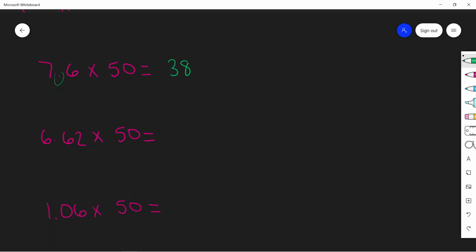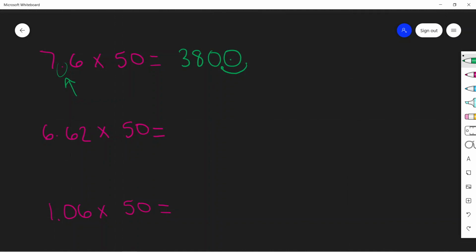Multiply this number by 100. 1, 2. And then you would have to move this decimal point once to the left because that's what it does in the original problem here. So your final answer, after moving the decimal point, would be 380.